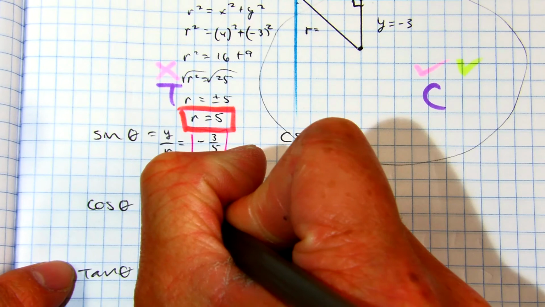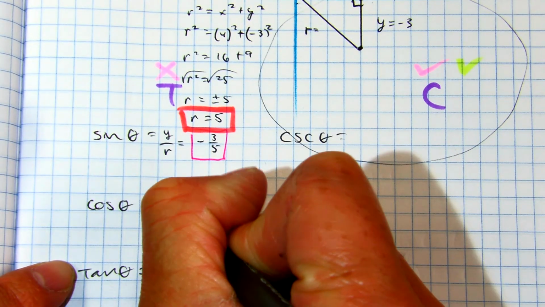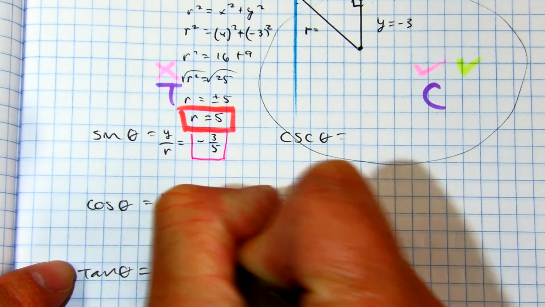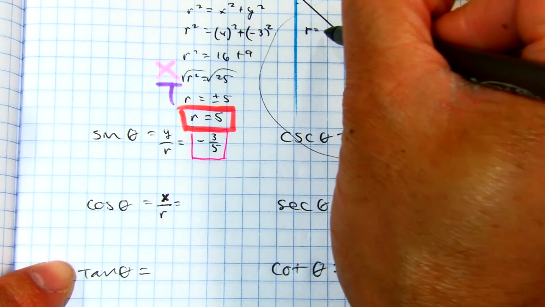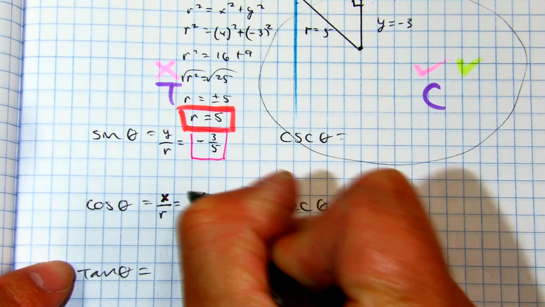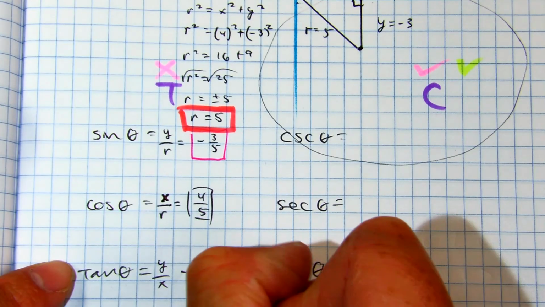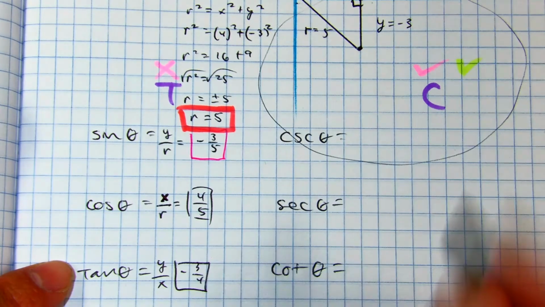Letters first. So x over r. And that would give you what numbers? Yep. Just going to go through these really quickly. Y over x, so I have negative 3/4. We already knew that. That was given information, right? And then I could just take the reciprocals.